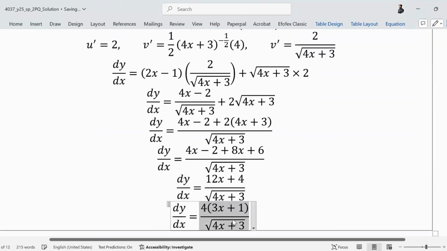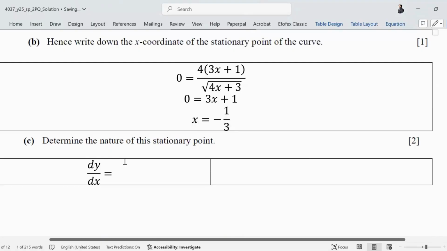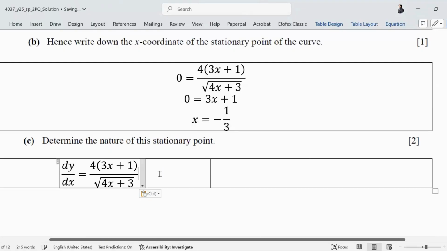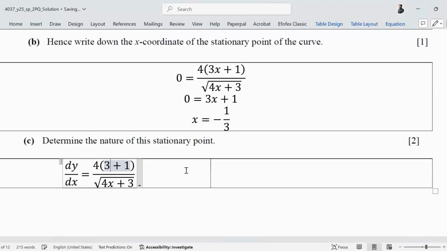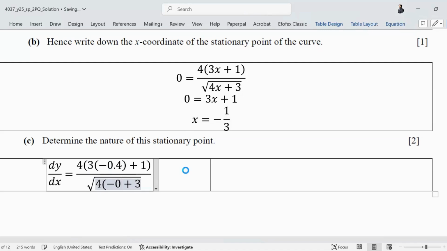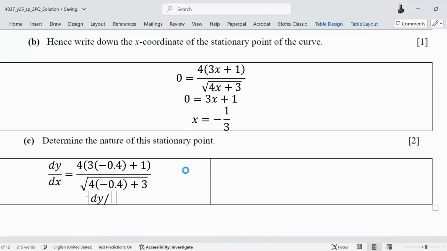This is my derivative. I'll use a value of x before this, minus 1 upon 3, which is minus 0.33. I'll be using x as minus 0.4, because differentiating it again is a real hassle.